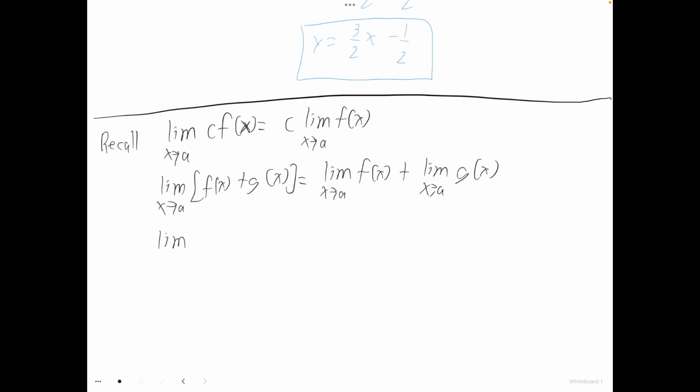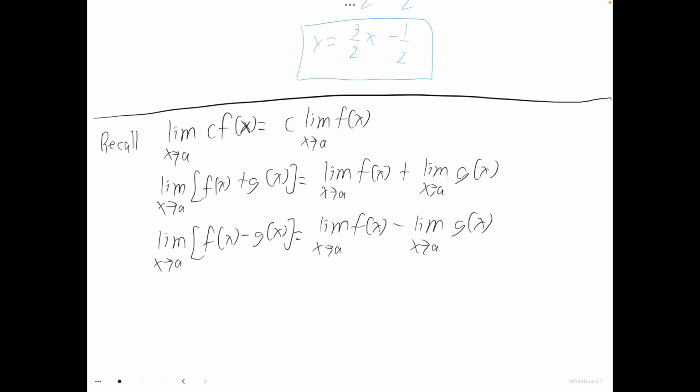And the limit as x goes to a of f of x minus g of x equals the limit as x goes to a of f of x minus the limit as x goes to a of g of x.